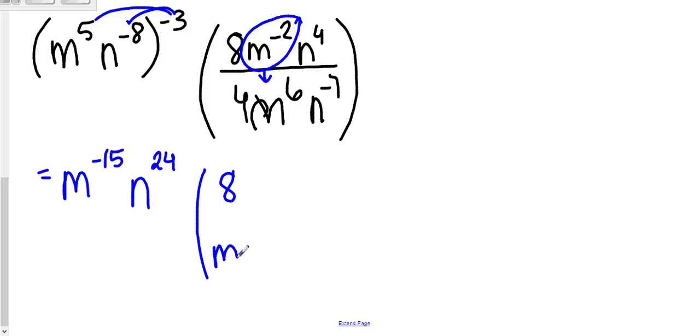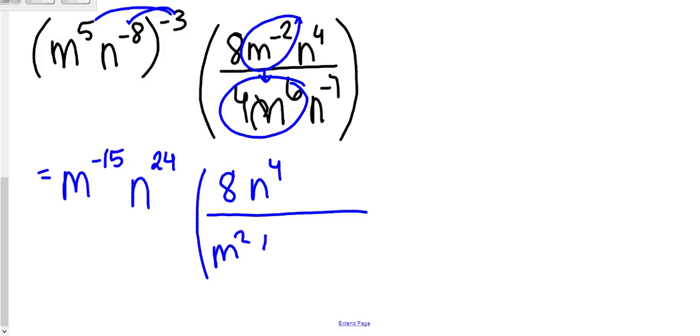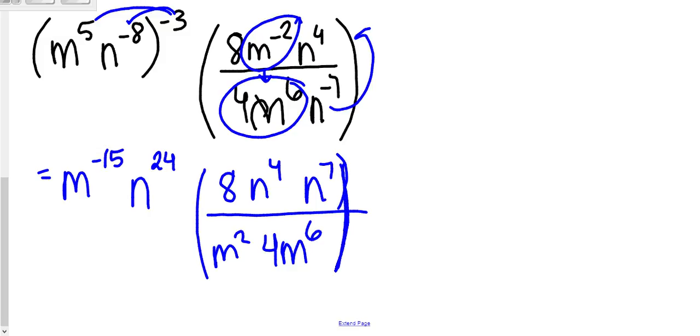So we will have m squared on the bottom. N will stay up top. And then these two will also stay on the bottom. So 4m to the 6th. This is negative, so it'll need to move. So we have n to the 7th. I'll close that with a parenthesis.